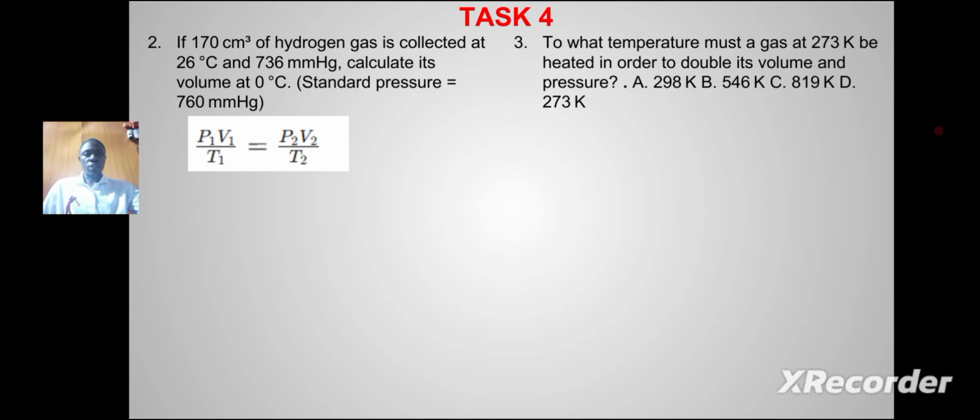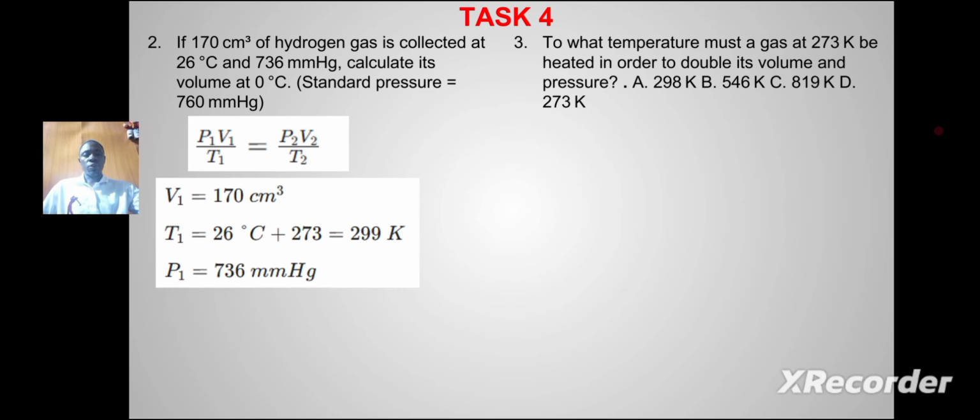State the general gas equation. Why? Because you have volume, temperature, and pressure, and none of them is constant. They are changing. So the volume at 0 degrees Celsius and standard pressure of 760 mmHg will be different. The first volume V₁ is 170 cm³.